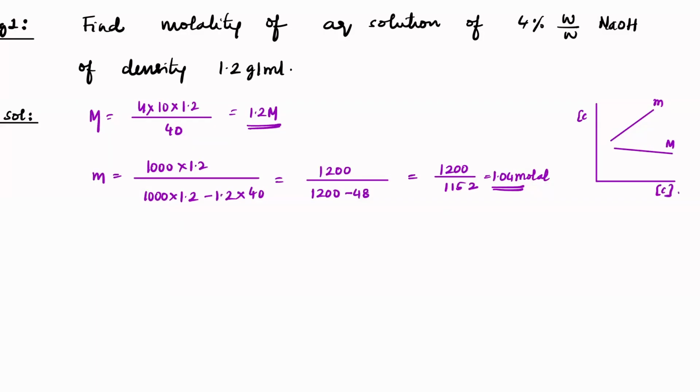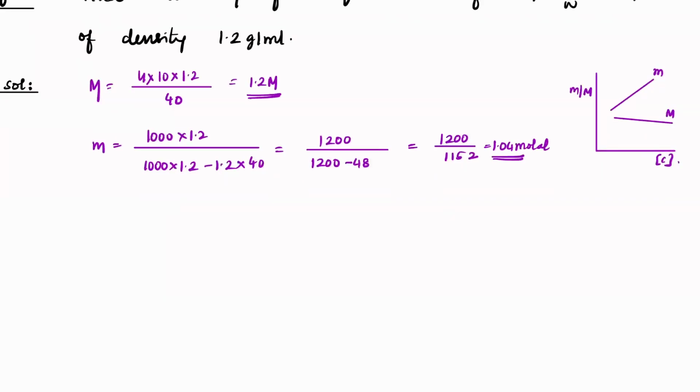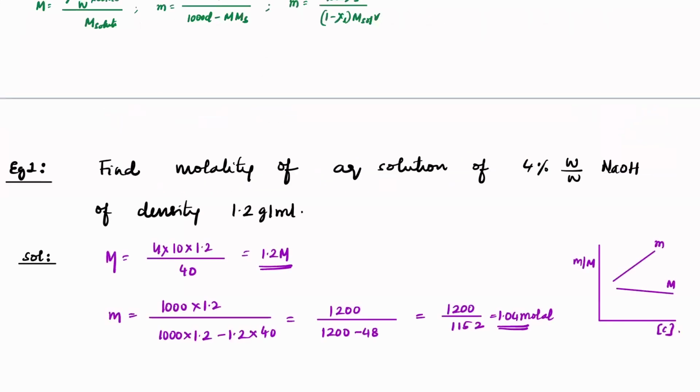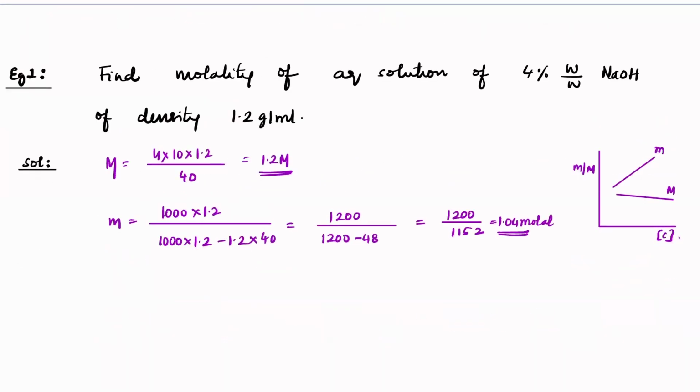As the concentration increases, these two values are increasing, so the gap between them increases, and here the gap between them decreases. Okay, we got molality. That's all we require from this question.